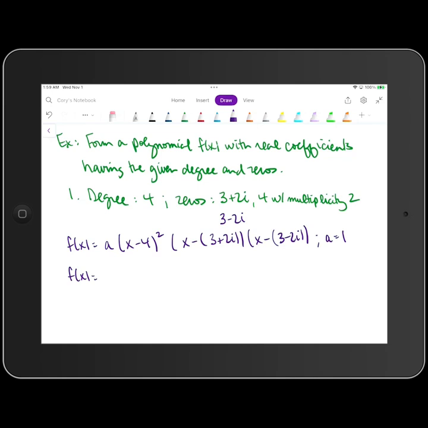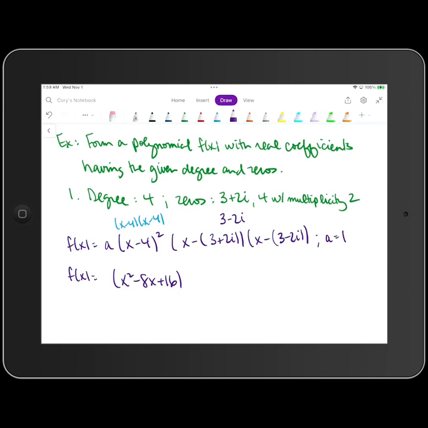Okay, so x minus 4 quantity squared, that's like saying x minus 4 times x minus 4. So if we FOIL or distribute that out and combine like terms, that's going to give us x squared minus 8x plus 16.